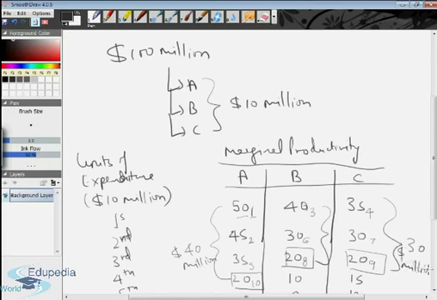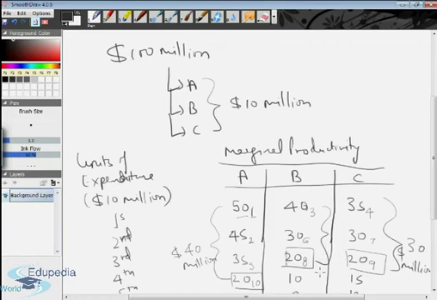This is the way he has done the allocation of resources. No other way will be able to give a profit better than this profit. This is the maximum profit which can be given by allocating the resources in such a way.